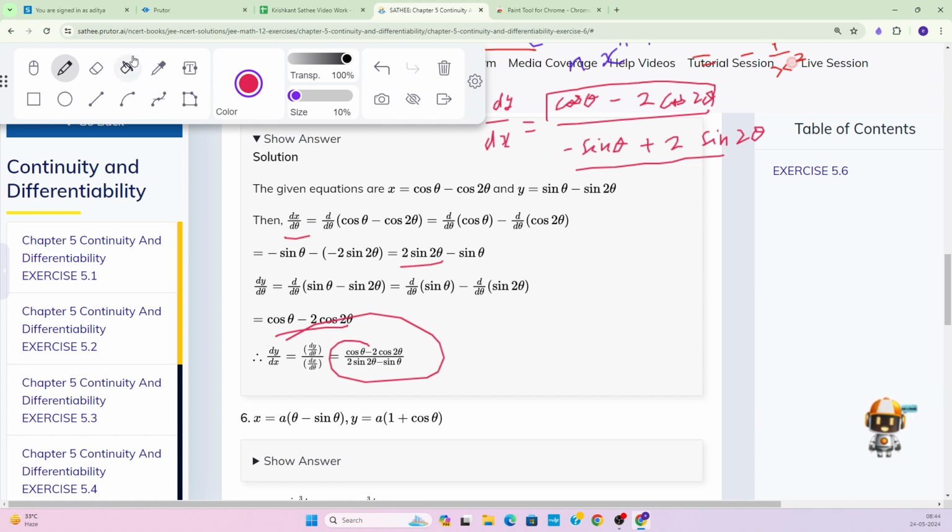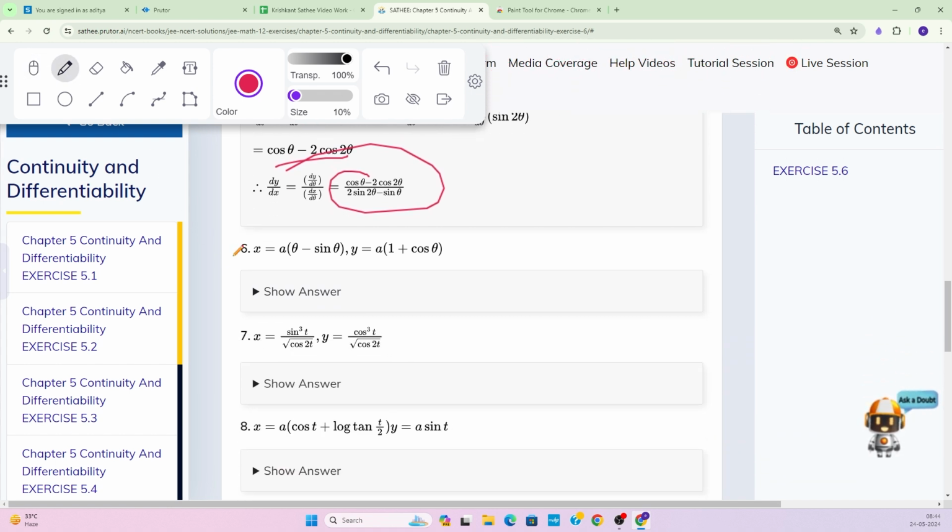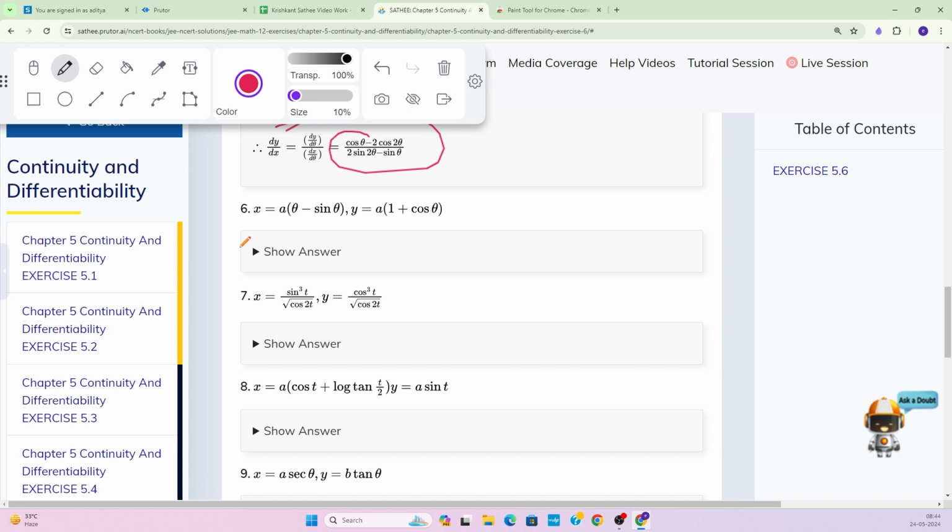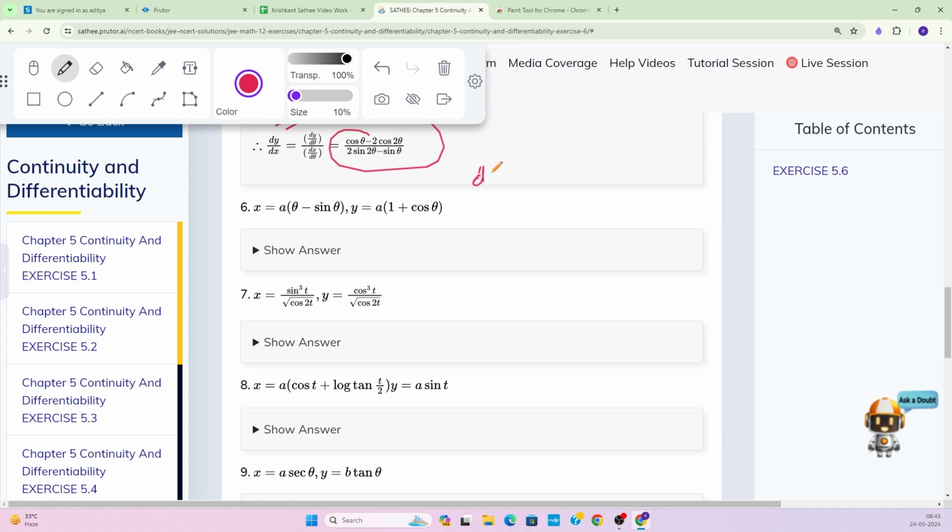Now let us move to the next question. The next problem is the sixth problem, and it says if x is equal to a times theta minus sin theta and y is equal to a times 1 plus cos theta. So here the parameter is theta. I will directly find the derivative with respect to x.